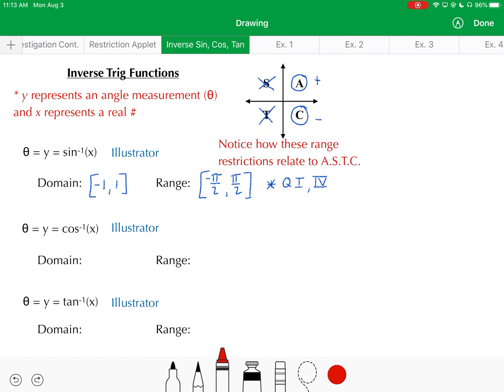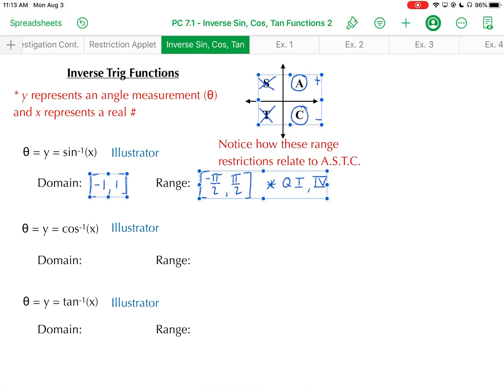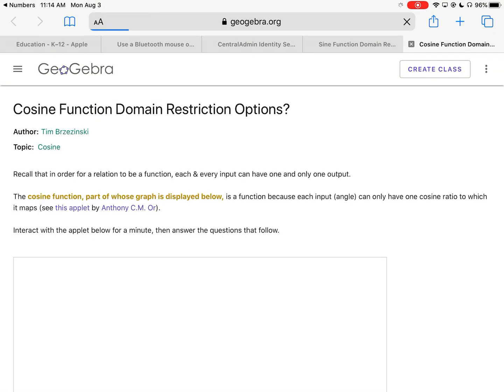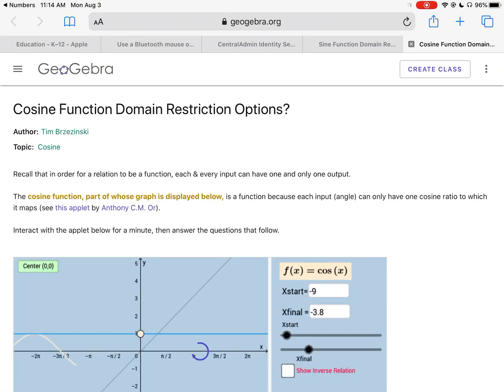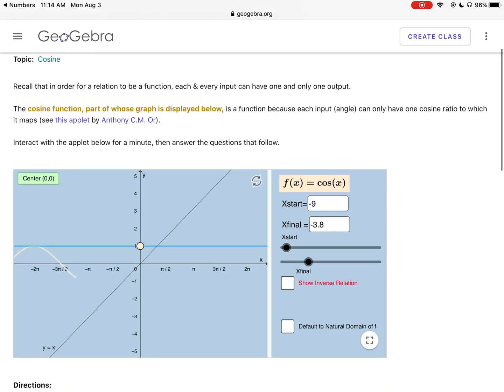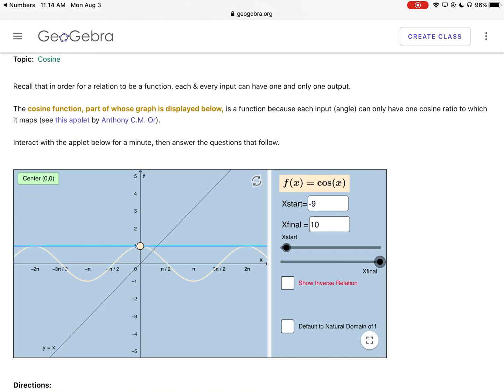All right, now we're going to do something similar for the inverse cosine function, okay? All right, so for inverse cosine, once again, not one-to-one, inverse is not a function. All right, so what we'll do is we'll restrict the domain on the original function, and it's accepted to be from 0 to pi.